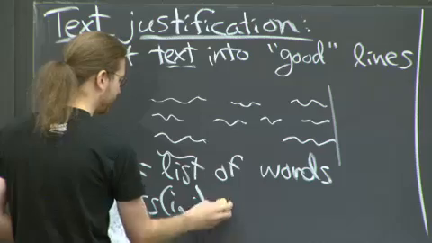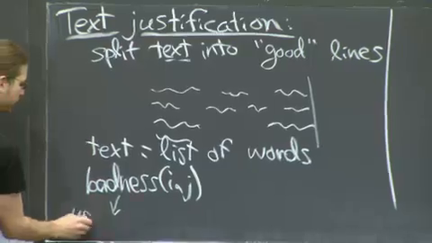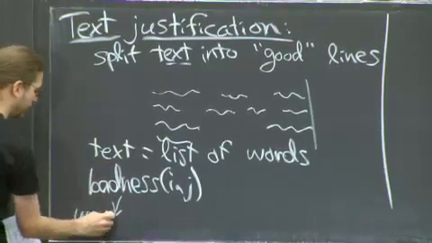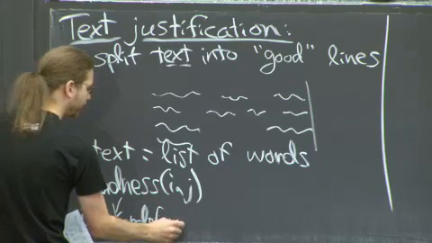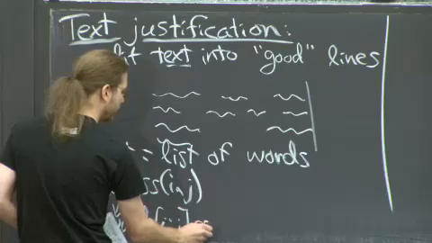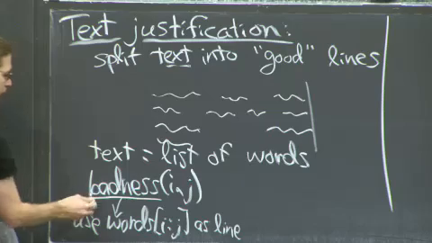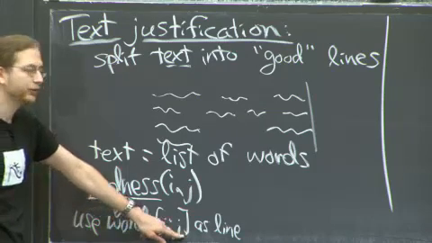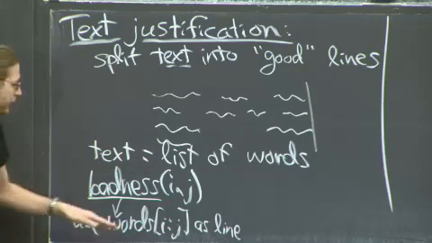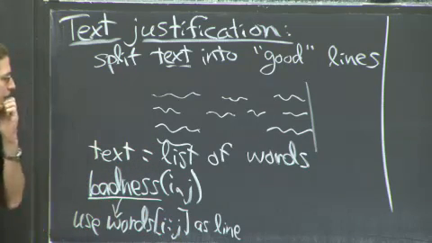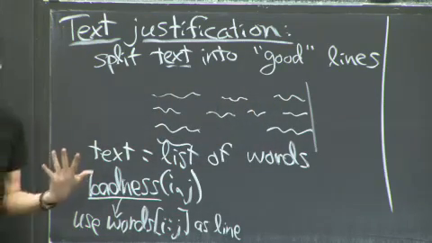This is how bad it is to use words i through j as a line. This is Python notation, so it starts at i and ends at j minus 1. That'll be convenient. So I have this list of words, and if I look at words i through j minus 1, and I think of what happens if I pack them in a line, well, they may fit or they may not fit.